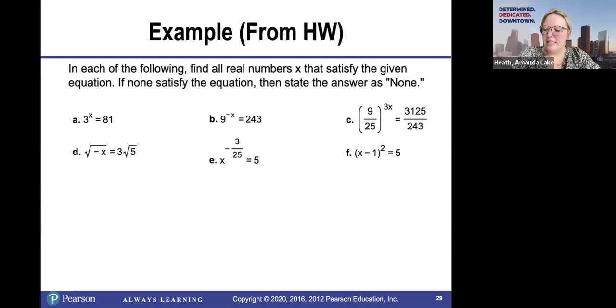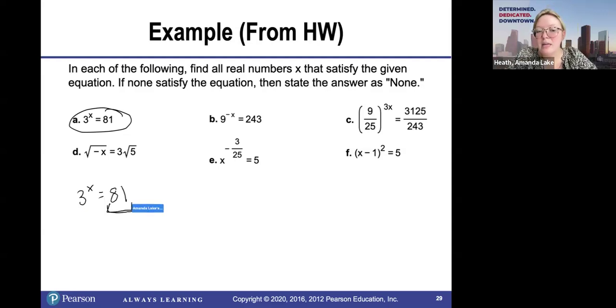All right, and then lastly, these are pretty challenging examples for a lot of students, so I wanted to walk through an example. The goal of these questions is to solve for x, to find what numbers for x could satisfy the equation. So if we look at this first example, 3 to the x equals 81, then my goal is to write 81 as 3 to some power and then compare x with that power.